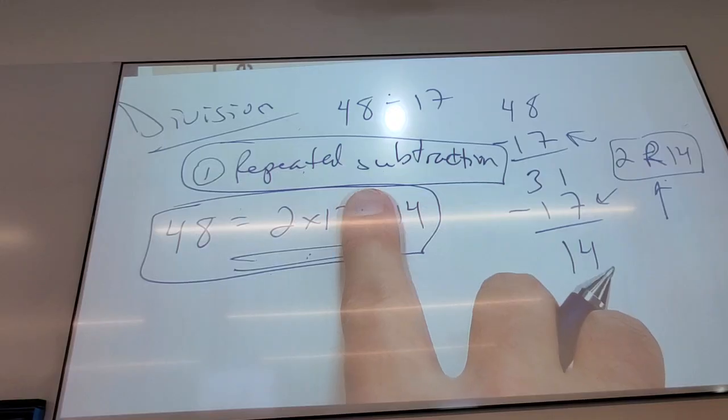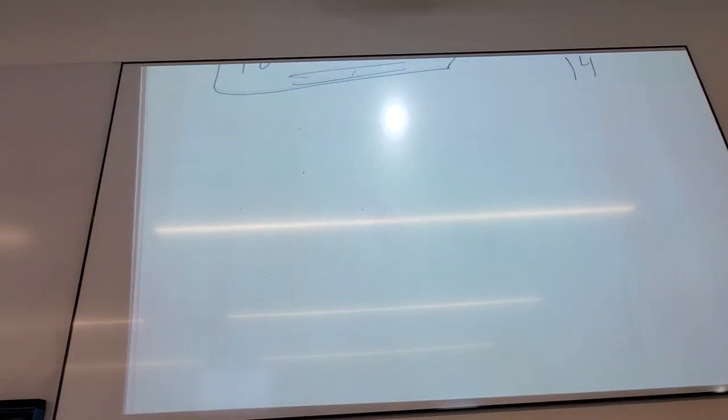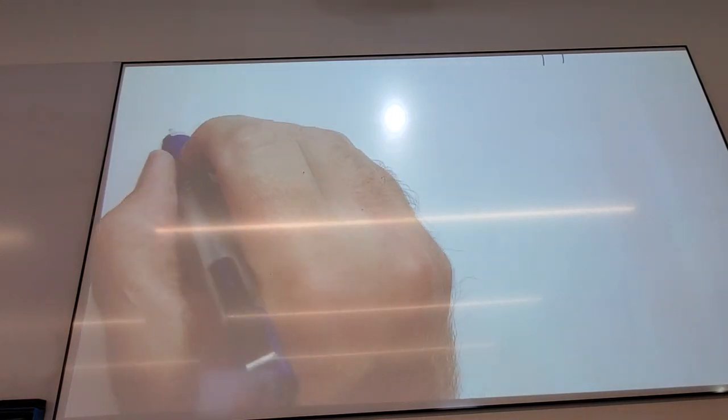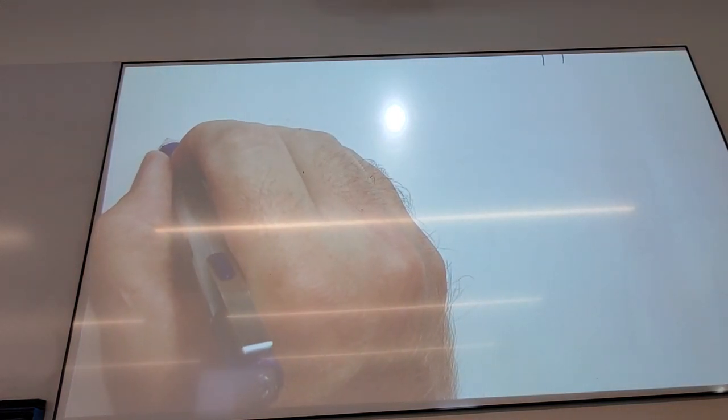Okay. More fundamentally than this, though, there are physical situations that result in division. And of course, just like there were physical situations that result in multiplication that were different, but they might come out to the same number mathematically, right? 2 times 3 and 3 times 2. With division, you have these 2 main ways of looking at it.